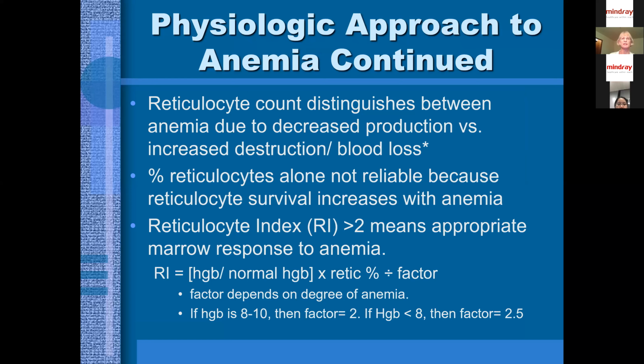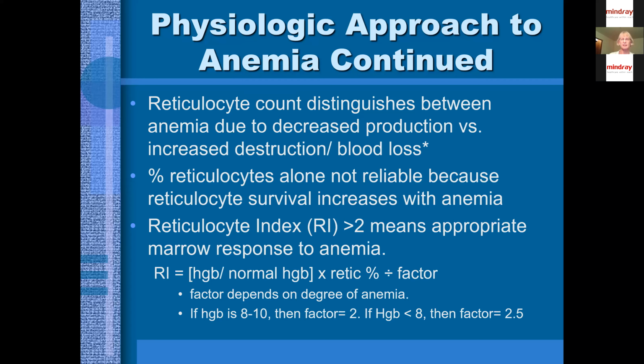The reticulocyte count distinguishes between anemia due to decreased production versus an increased destruction and blood loss. But the percent reticulocytes alone is not a reliable way of distinguishing between these two general categories of anemia. You have to do either a conversion, such as the classic one, the reticulocyte index, or use the absolute reticulocyte count, and I'll get into that in a minute.